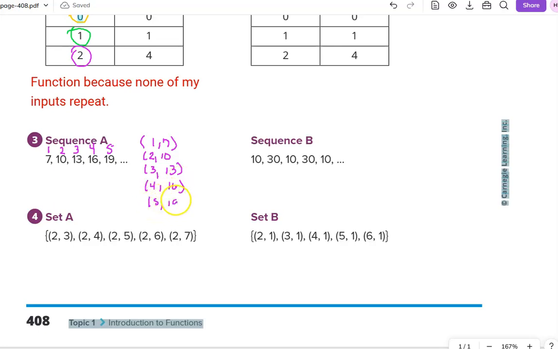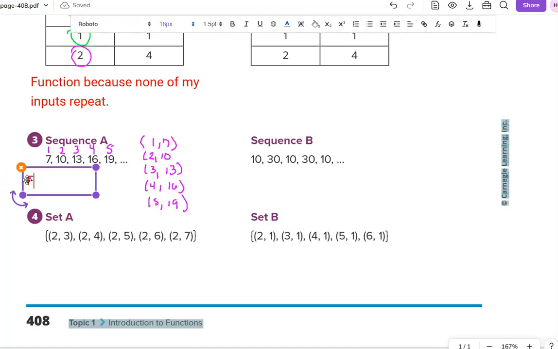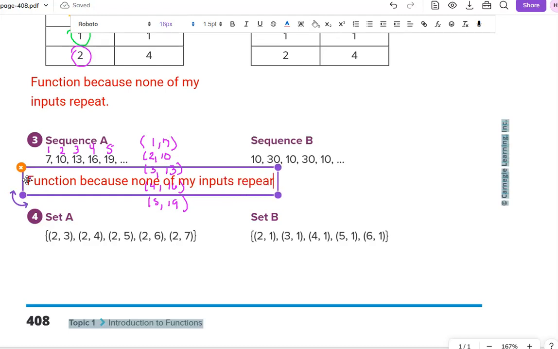Sequence 5 would be a 19. Remember that my outputs can repeat, but not my inputs. And none of my inputs repeat, therefore it's a function. So I'm going to copy exactly what I wrote up above. So it is a function because none of my inputs repeat.